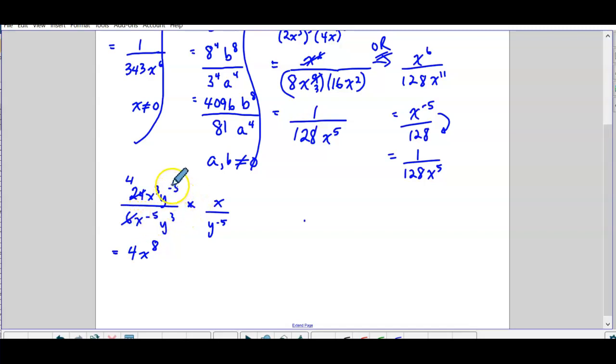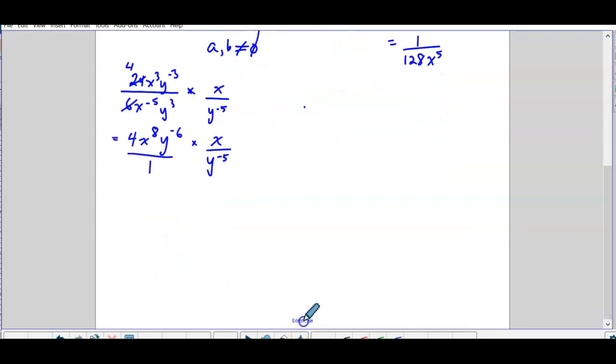Then y to the negative 3 dividing by y to the positive 3, you subtract. So that'll be y to the negative 6. So this ends up being positive x exponent, y exponent is negative, times x over y to the negative 5. You can show this over 1 if you want, but it doesn't really matter.